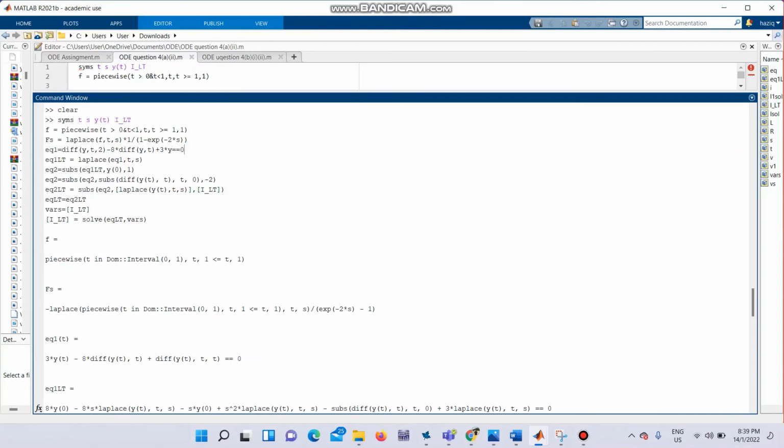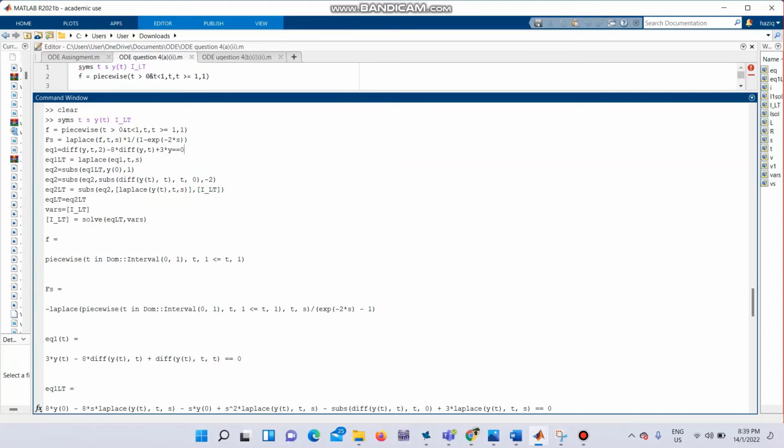Okay, firstly, f equal to piecewise, t larger than 0 and t less than 1, t, and t larger than or equal to 1, and 1. The next is F(s) equal to Laplace of f(t), s, multiplied by 1 over 1 minus exponent of negative 2 multiplied by s.